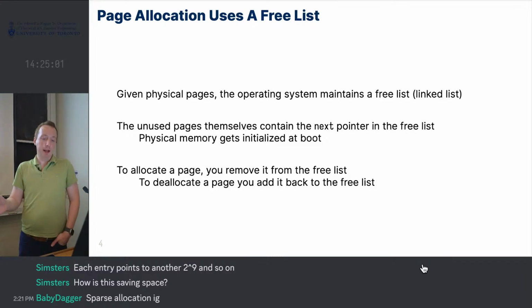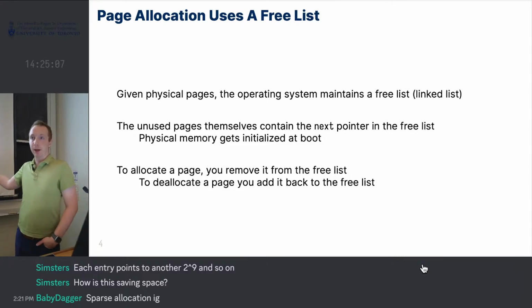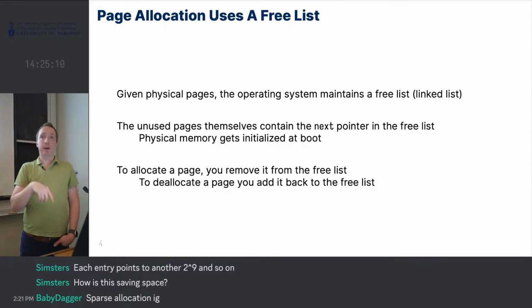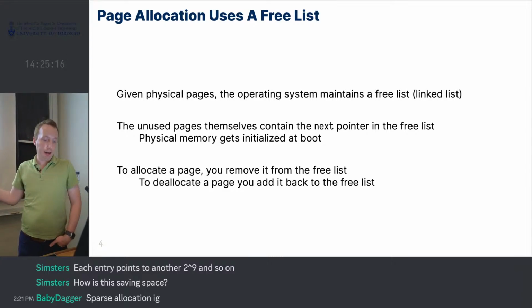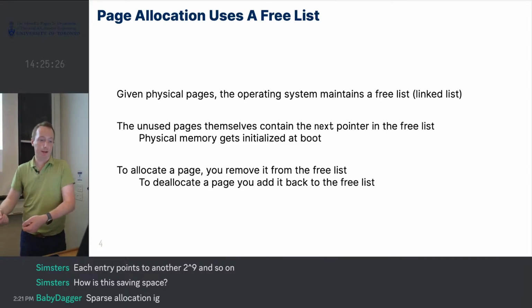And the operating system just treats them as pages and can create a linked list of all the pages. So initially, every page would just point to the next page over and over again because you're not using any memory at the beginning. And then whenever you want to allocate memory, one page is just as good as any other page, so you can just take the next pointer in the free list, that's just a linked list, get it from the head, nice and easy.